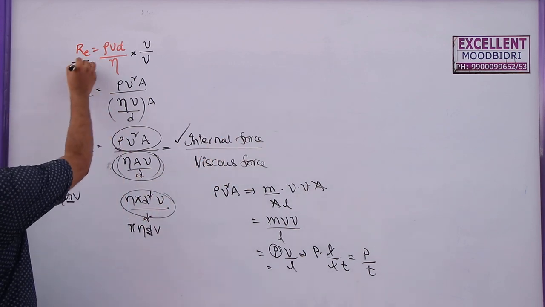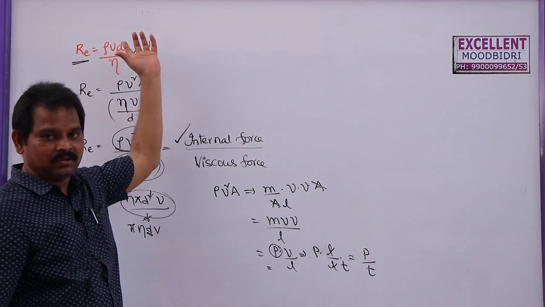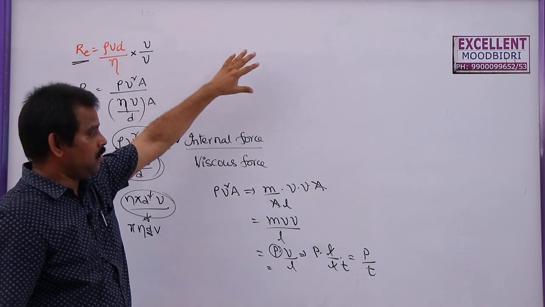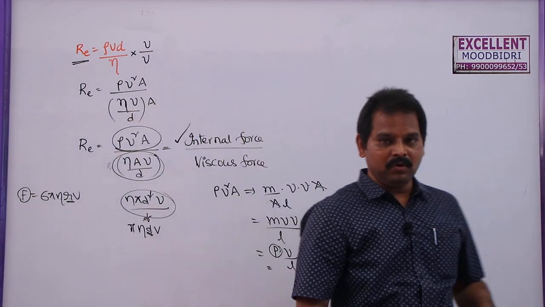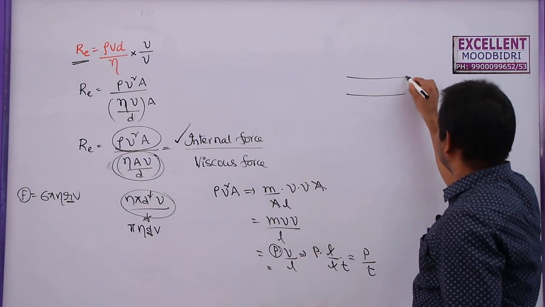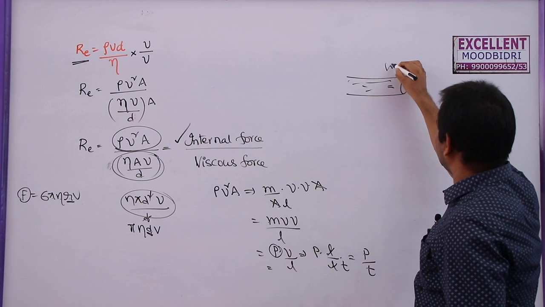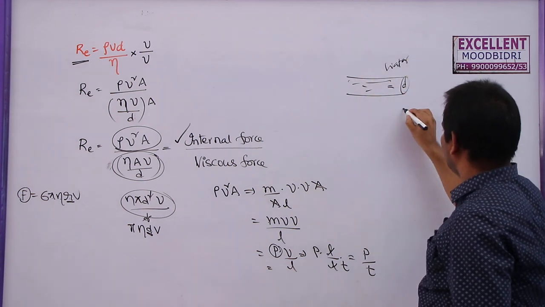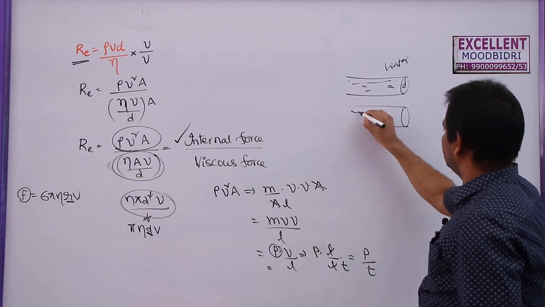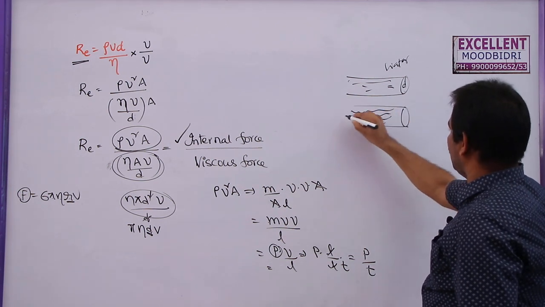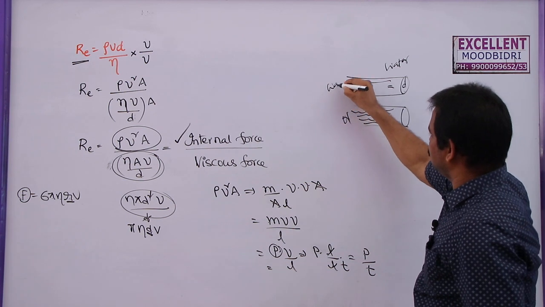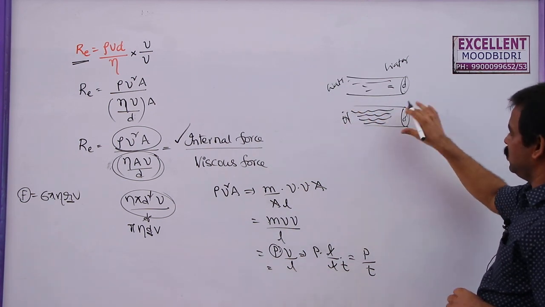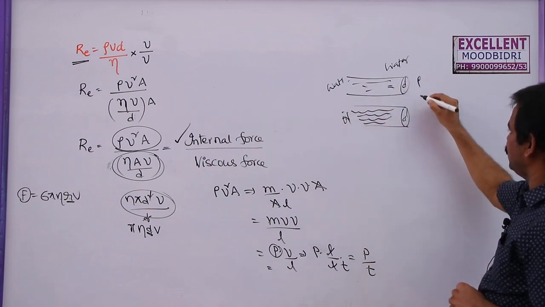It is just a number, and by finding this number, we can find whether the flow is turbulent, streamlined or unsteady. Now, if you take some water in a pipe of radius d, and in a similar pipe you take some oil, these two are flowing through the same pipes and have different densities.